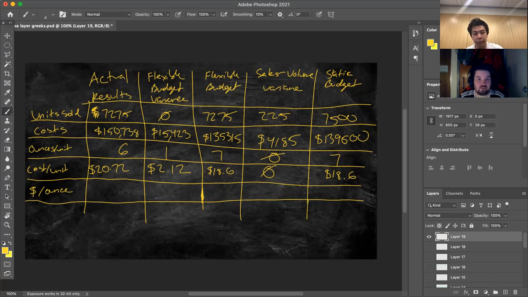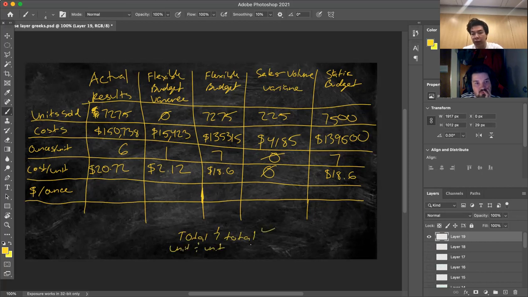150,738 divided by 20. Oh, no, sorry, divided by the 6. No. Remember the whole thing with costs and revenues. We can do total divided by total and unit divided by unit.